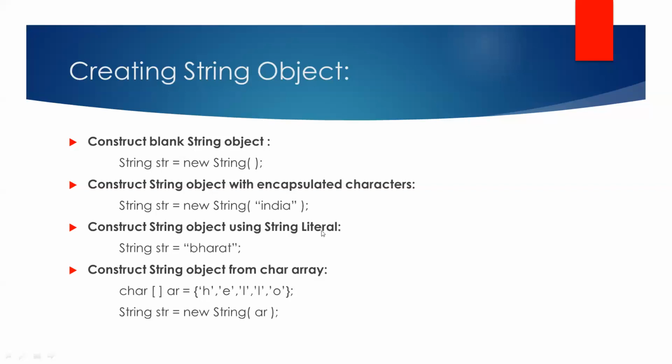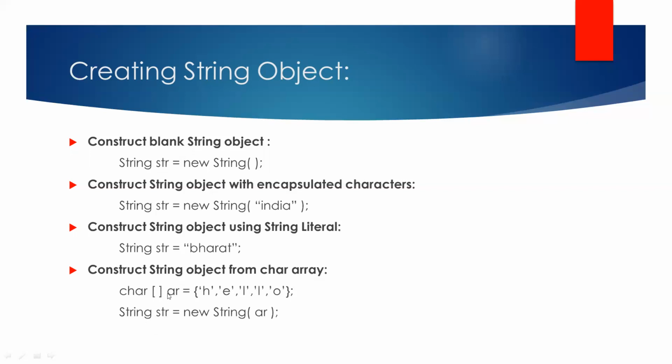Construct the string object using a string literal. If you don't want to use the constructors, then you can pass string literals directly this way. Or if you have an array of characters, for example, char array with HELLO, then we can create the string object with the help of this array also.